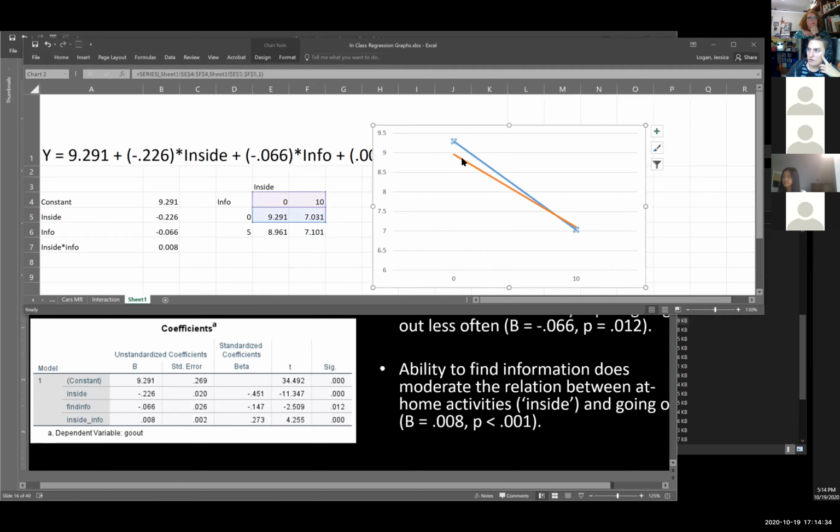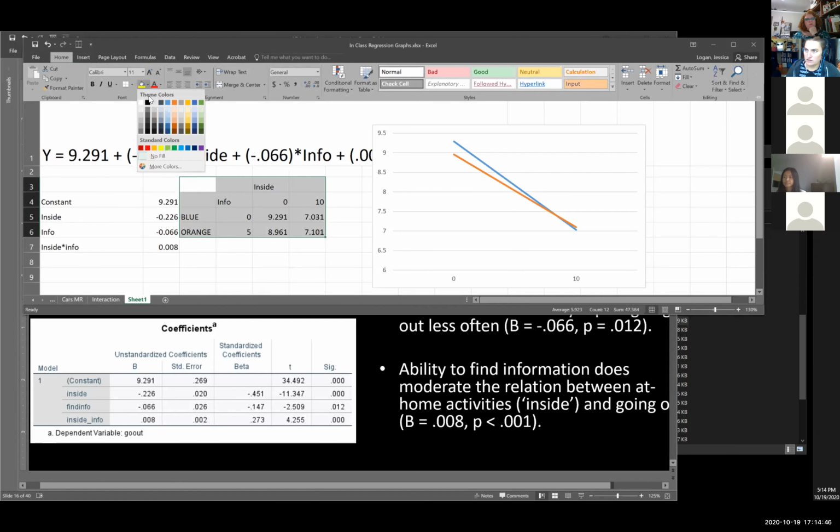Yes, this blue line, which is info 0. I'm going to write. There's a way to do this on the graph, but I don't want to, we're doing enough things now. This is the graph we're talking about.